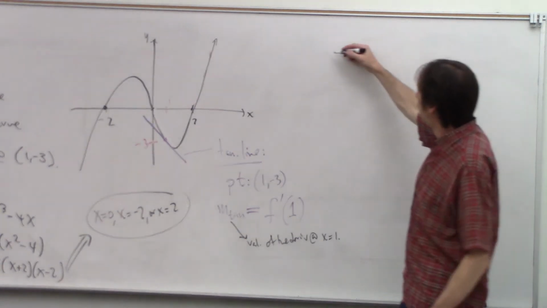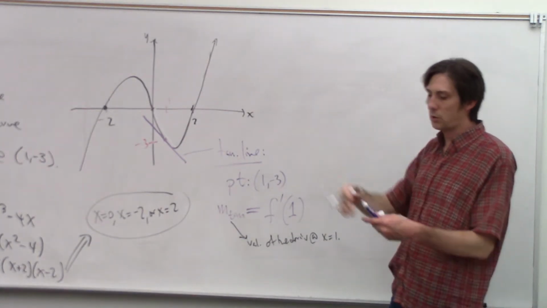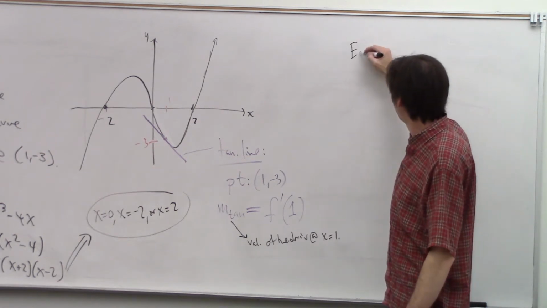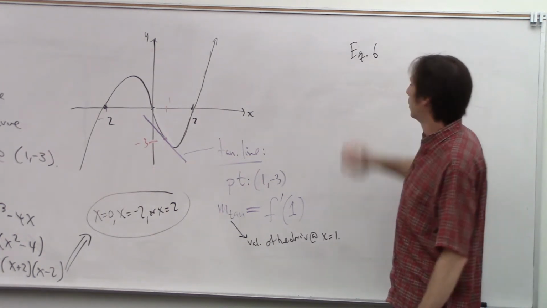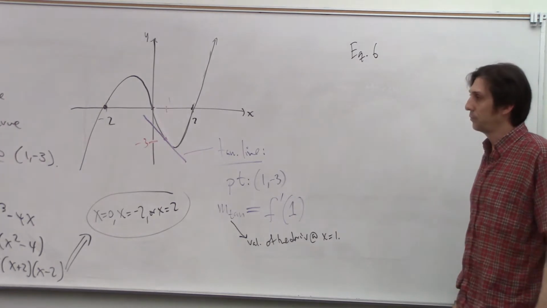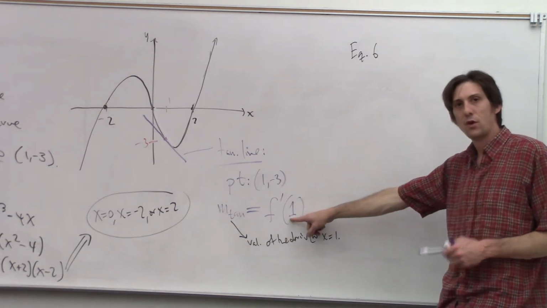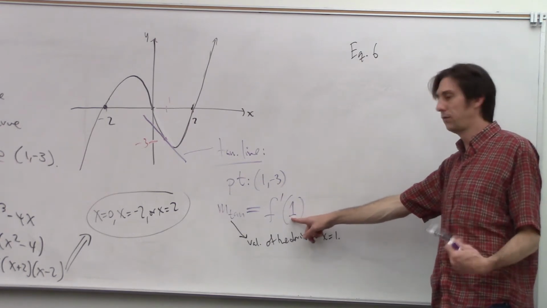So, we could do this with either equation 5 or equation 6. Maybe I'll use equation 6. The a in this case is 1, because that's where I'm trying to find the value of the derivative.